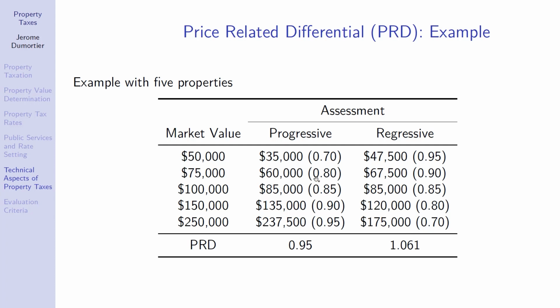So here we see that the assessed value of the first property is $35,000, and the assessed value of the last property is $237,500. So here you see that the assessment ratio is going from 0.7 to 0.95.